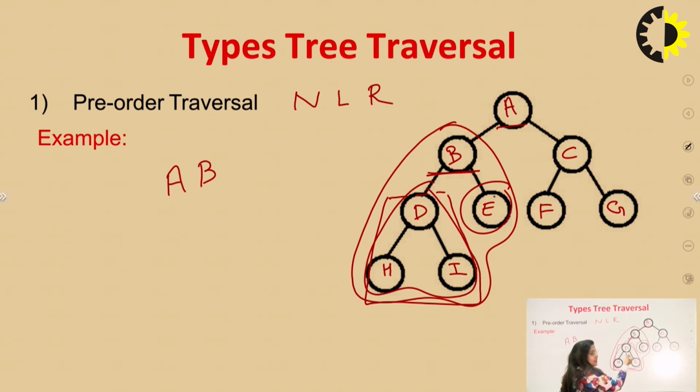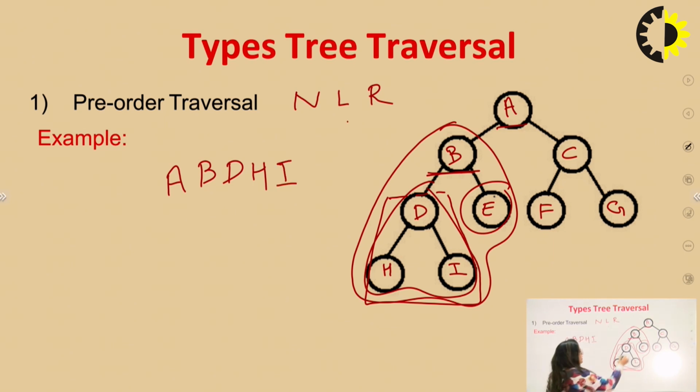So first we take the root node, which is D. After that we come to the left, but here there is no child, no leaf child. So check left: left is H. Now comes to the right: root, left, right.